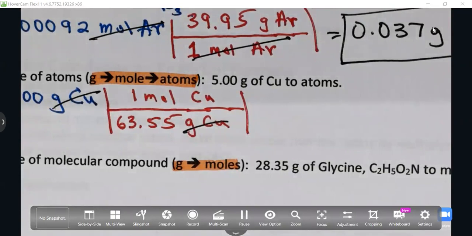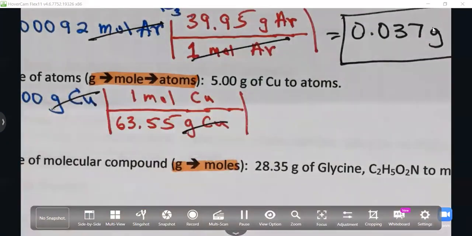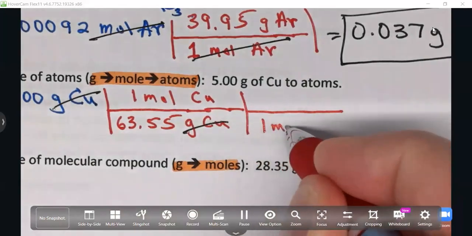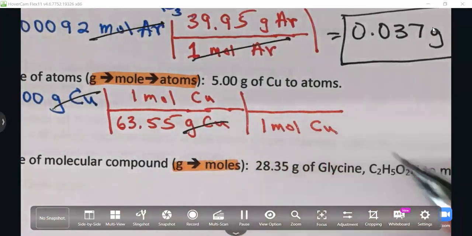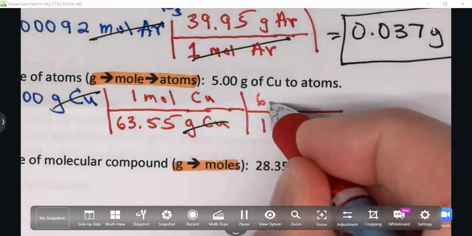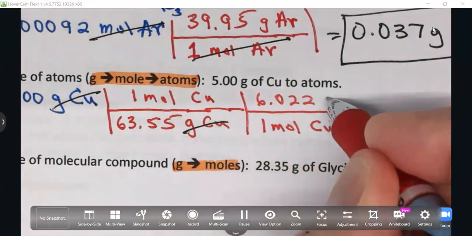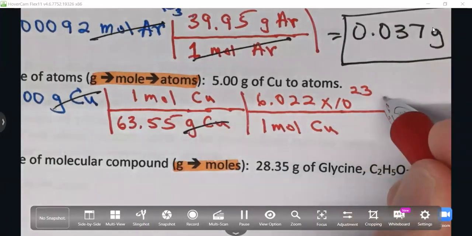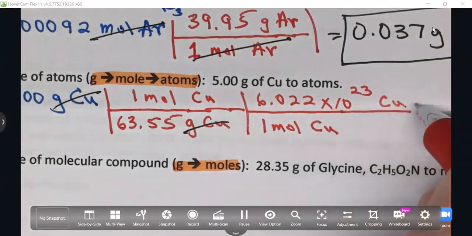Because if we want moles, we're done. But we don't want moles, so we have to do another step. We're going to use the other conversion, and that is 1 mole of copper equals 6.022 times 10 to the 23rd copper atoms, or atoms of copper.